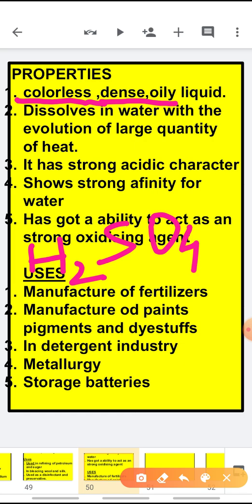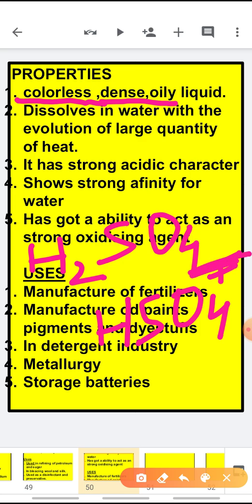Now, if we write the reaction for the ionization of sulfuric acid, then first of all this converts into HSO4 negative plus H positive. Now you have to remember that the Ka1 for this reaction is very high. Why is it high?